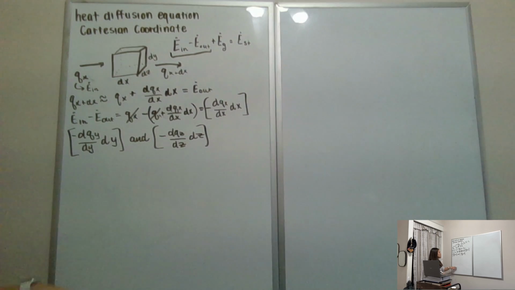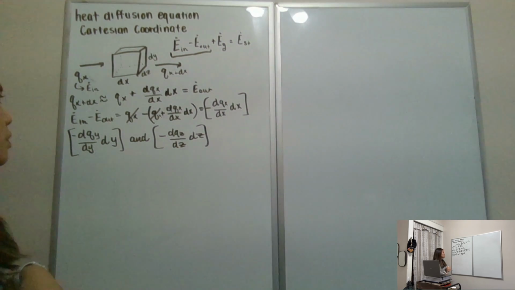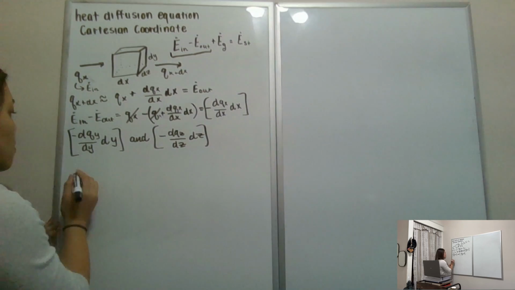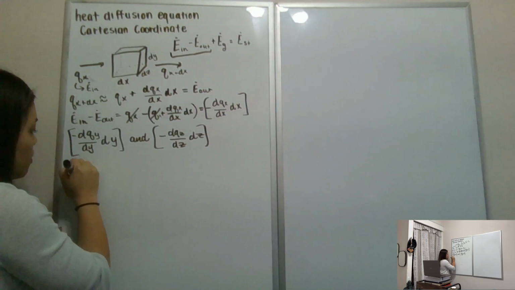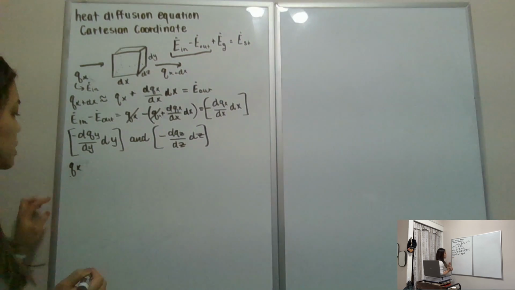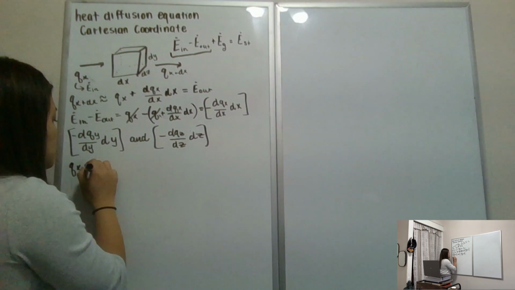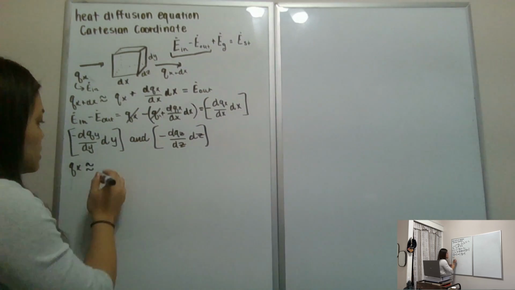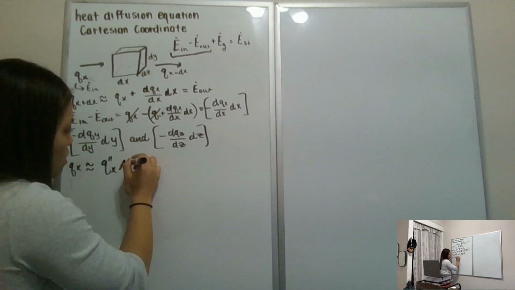Now that we have these, we want to approximate what the heat flow in a direction is. Focusing on the x direction, this would be approximated as the heat flux in the x direction times the area.